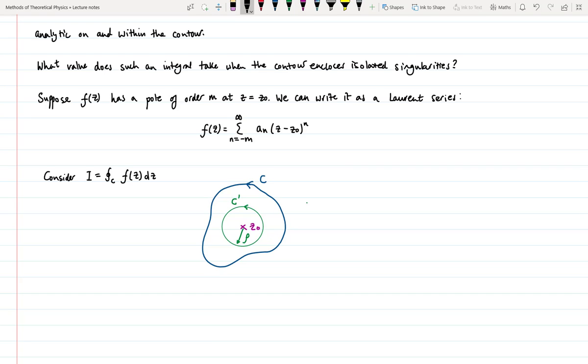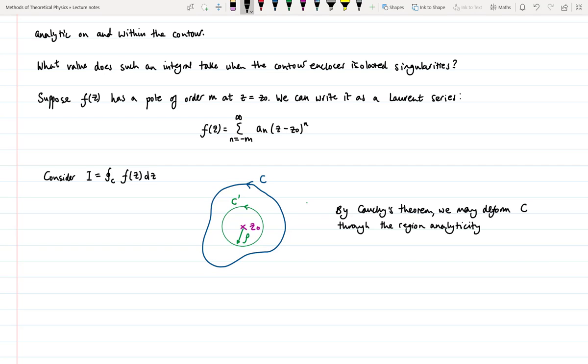I'll write down next to this picture what we've done. So by Cauchy's theorem, we may deform the contour C through the region of analyticity for this particular function that has only one singularity at z equals Z0.